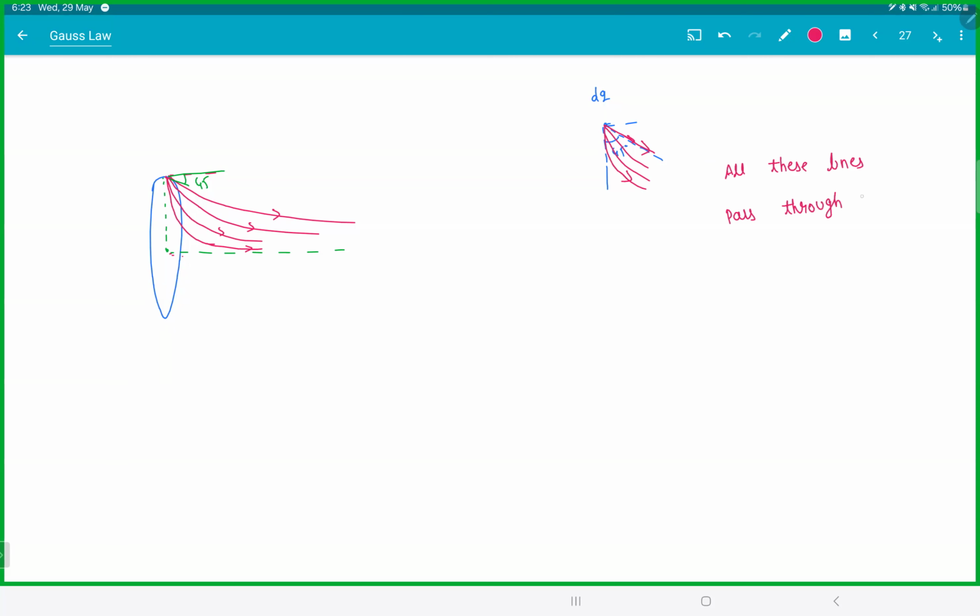I agree, it is giving out lines in all directions. So flux through the disk will be how much? 45 degree by 360 into dq by epsilon, so that is dq by 8 epsilon. Therefore, force would be sigma into flux. Once you got flux, game is over. Check.